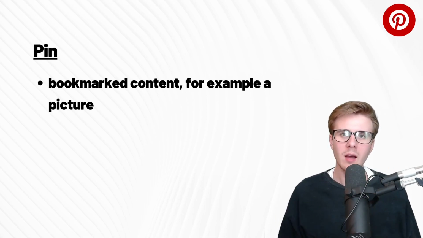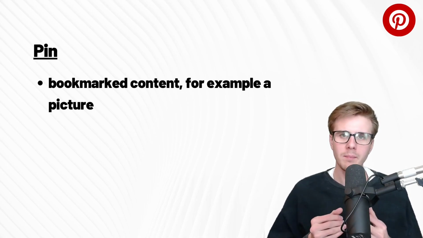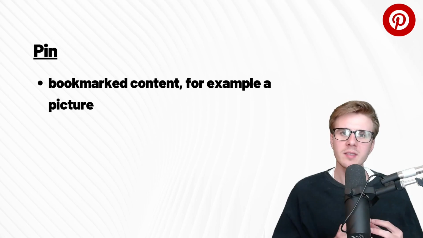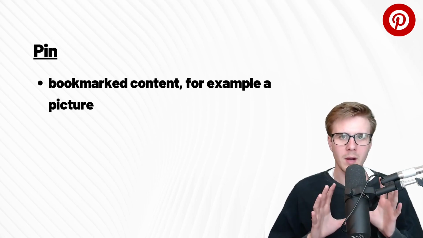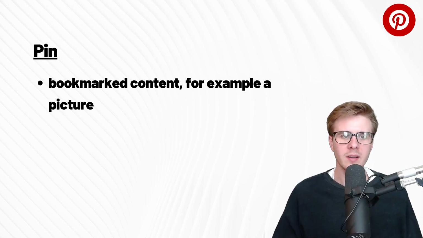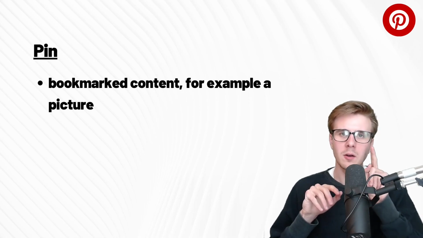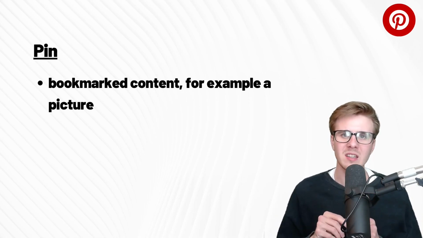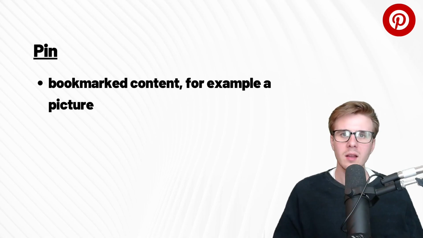So I don't even have to create my own content with Photoshop or Canva. I can simply use existing content from my platforms and upload it directly to Pinterest. That's why it's called bookmarked: I can open my website, click on the Pin It button, a tool I will show you later, and pin something from a website.